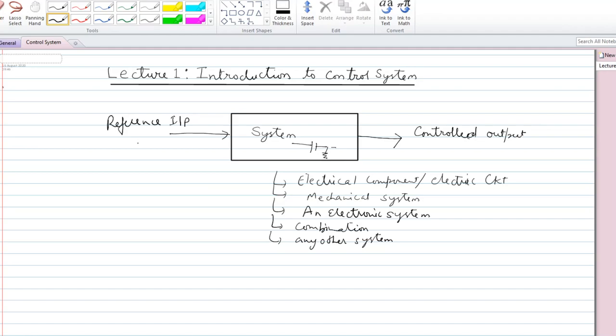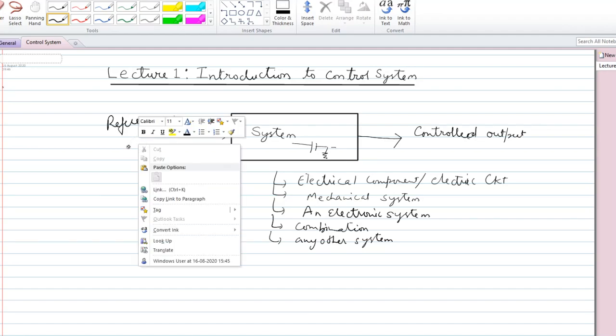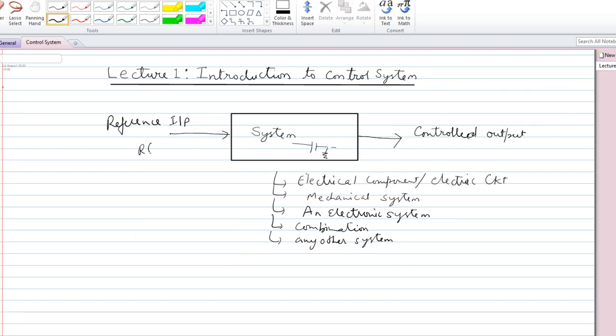In this case, this reference input is denoted by r(t), or a small r(t), and the output is denoted by c(t), where r is a function of time and c is a function of time. In this way, you can say that your system is actually controlled with the help of the reference input, so that we get the desired output.